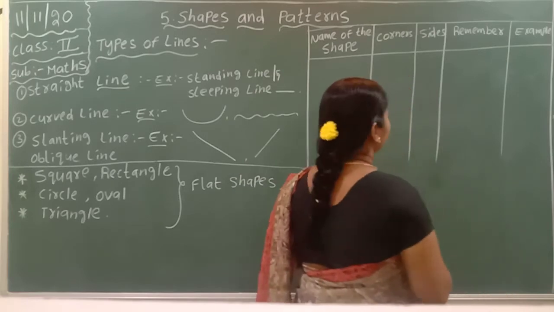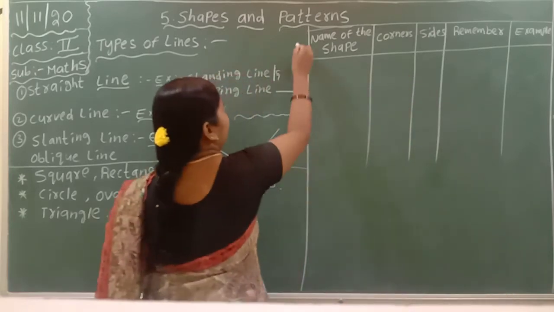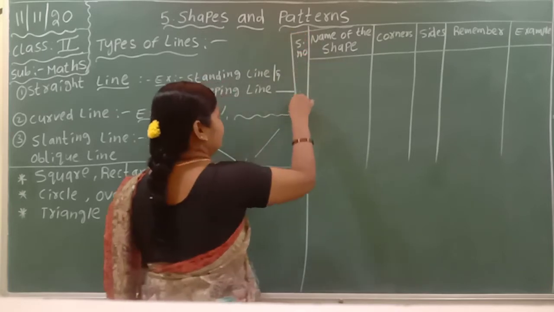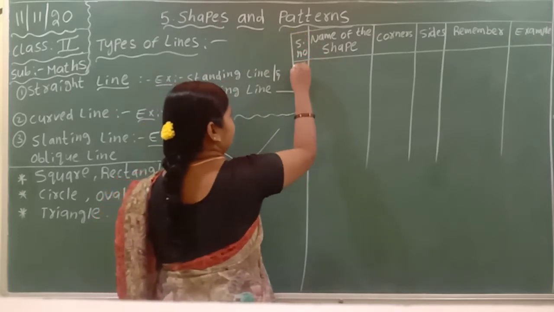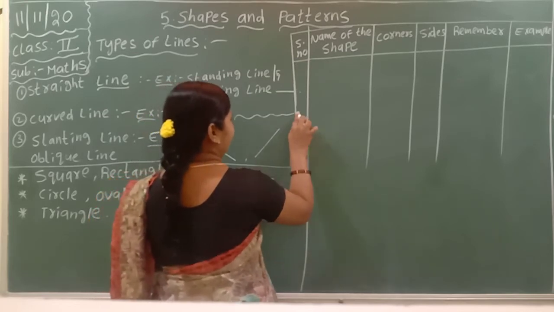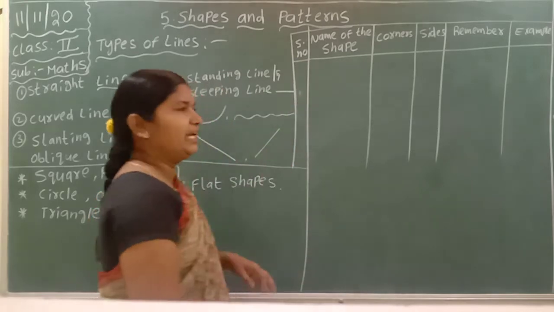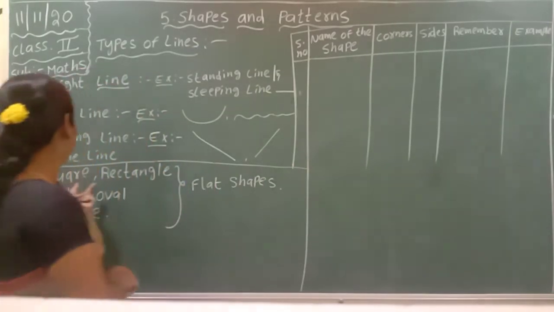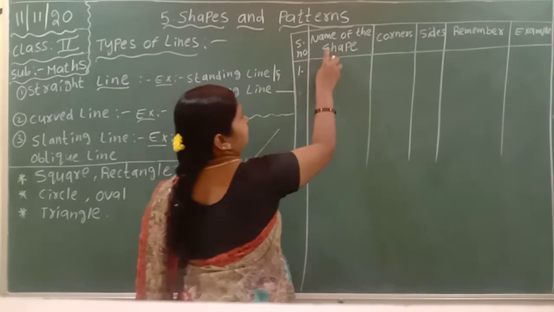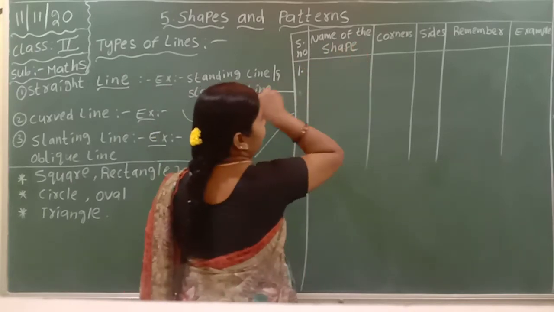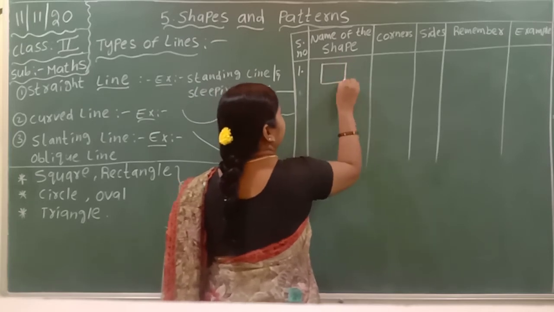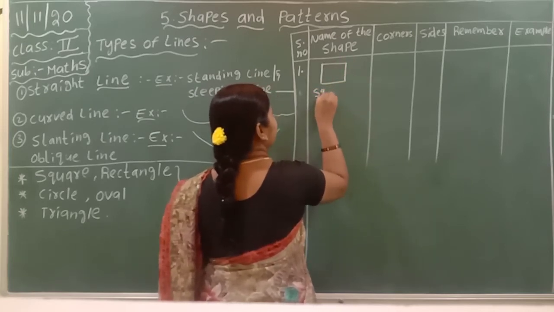If you have any place, write down the serial number also. First, square. You have to draw the shape. The name of the shape is square.